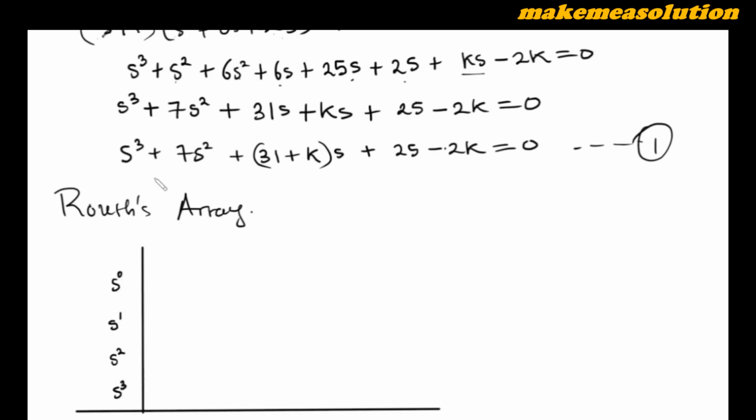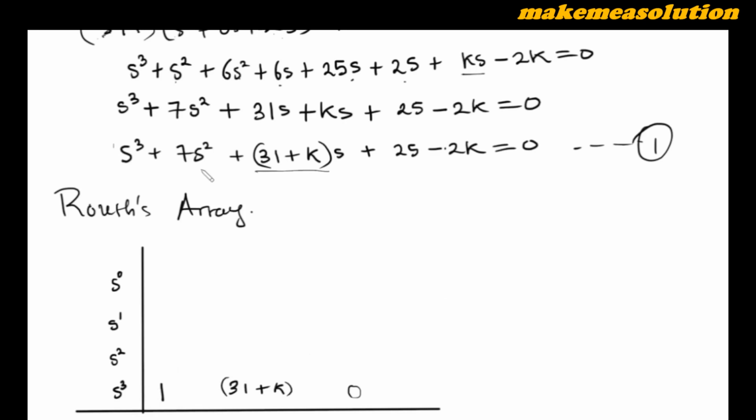Is that okay? So for s^3, we are going to choose 1, then we're now going to jump to the next term, which is 31 plus k. Then we're now going to jump, and on jumping we can't really find any place to stop, so maybe I'll just choose 0. So there's nowhere to jump to again.